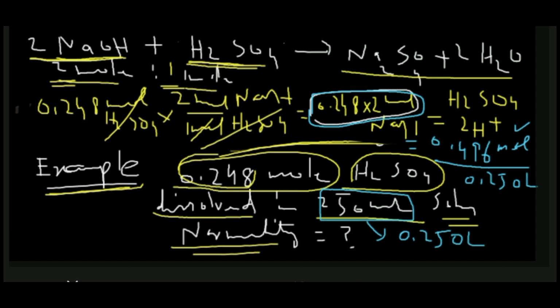If you divide 0.496 by 0.25, that will be equal to 1.98. So here we can write that it will be equal to 1.98 mole per liter, which is equal to 1.98 molar.